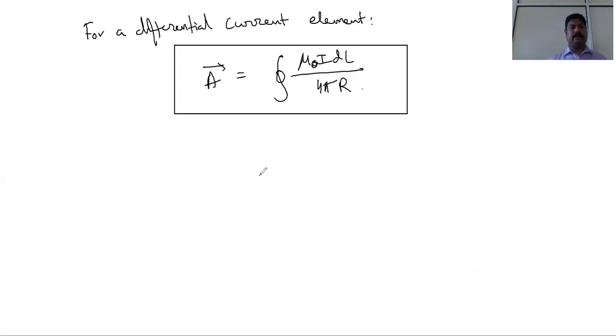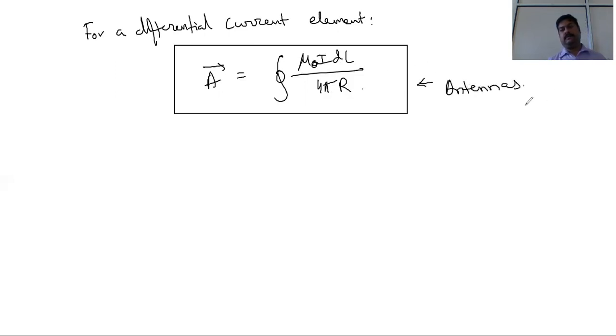Now the direction of A will be in line with the direction of the current. So that is the advantage of this. Very important: the direction of A is in line with the direction of the current passing through any filament I. Now these vector magnetic potentials are used in antennas.